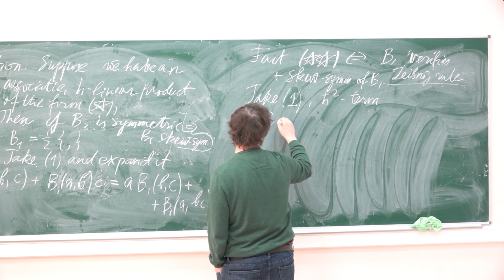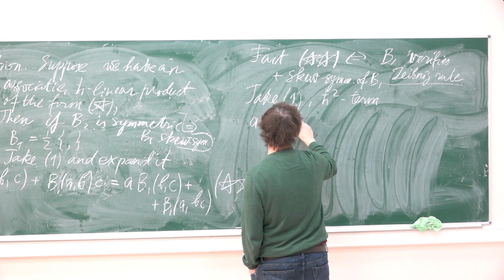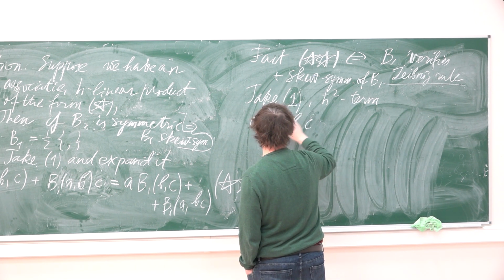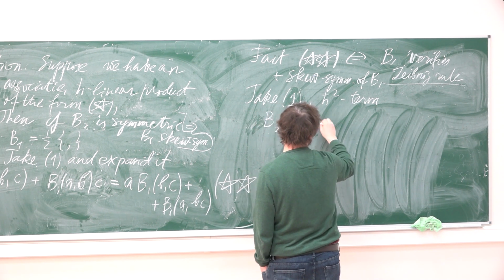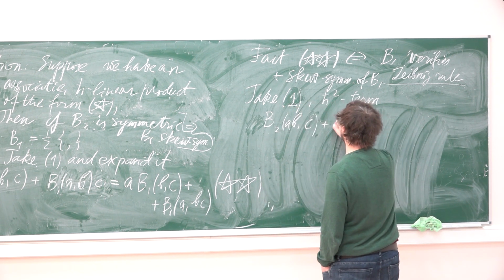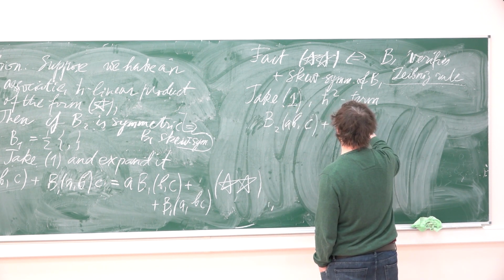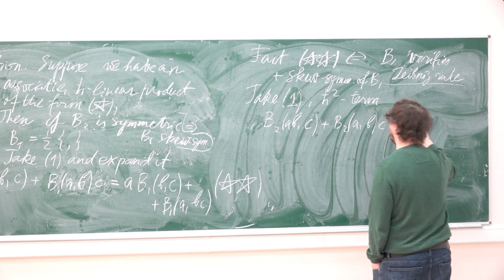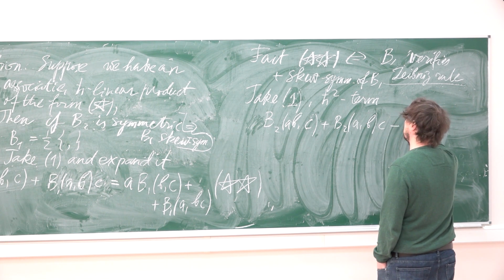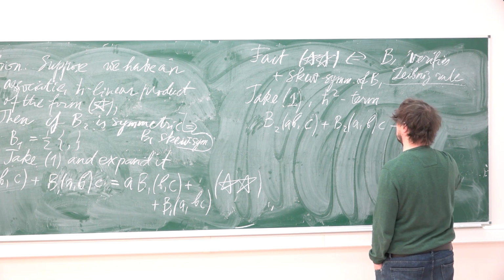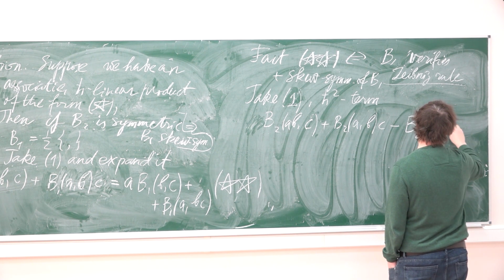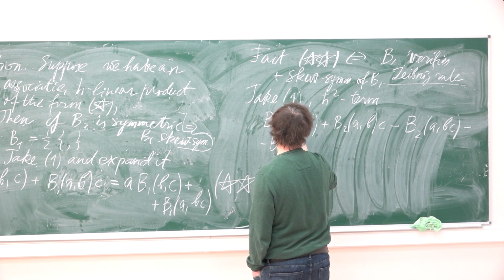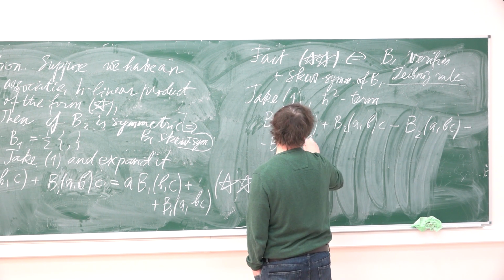A B2(B, C), B2(AB, C) plus B2(A, BC) minus B2(A, B)C minus B2(A, B)C.